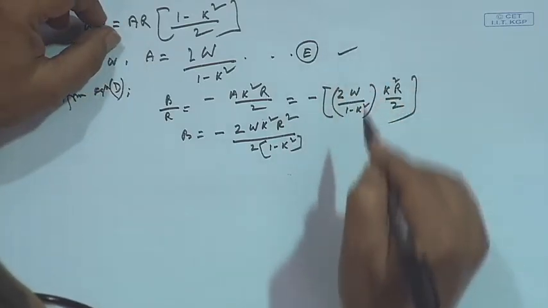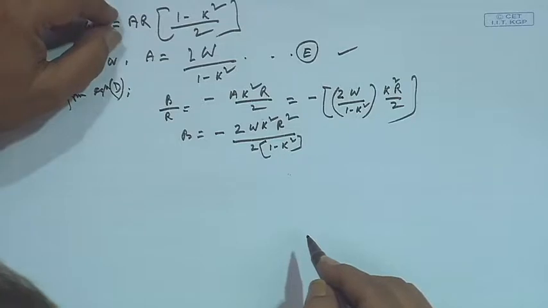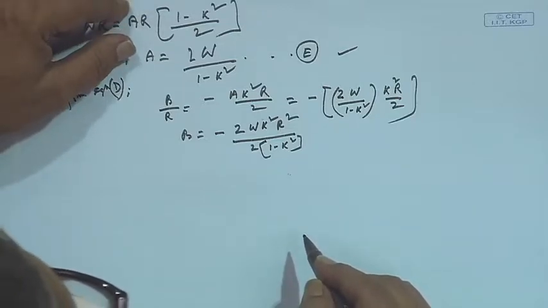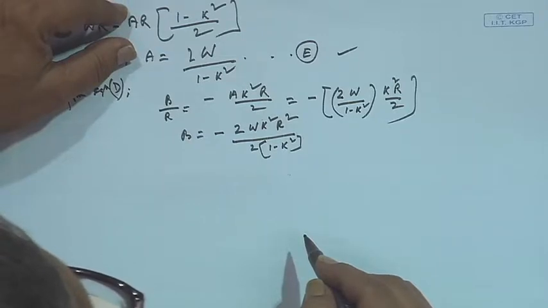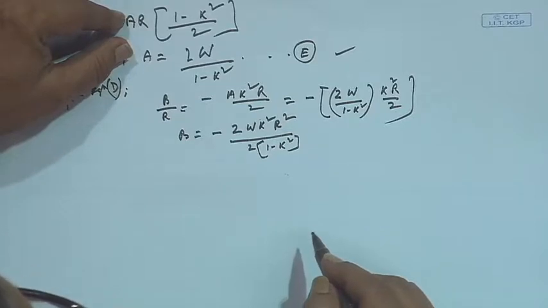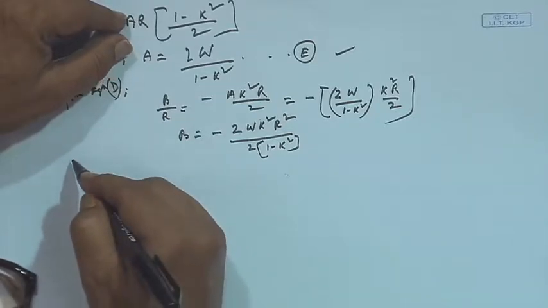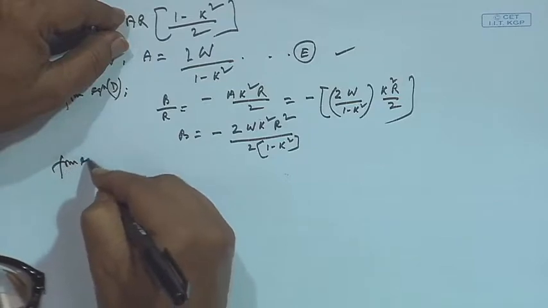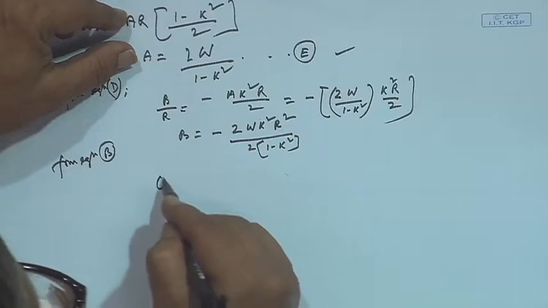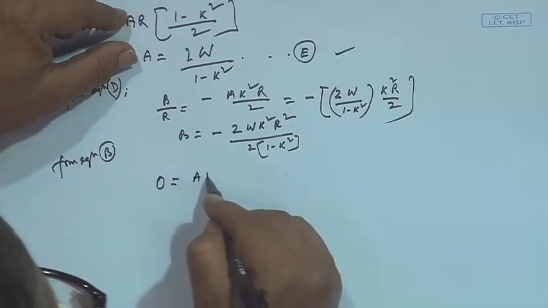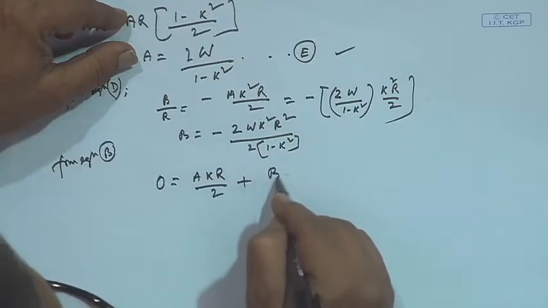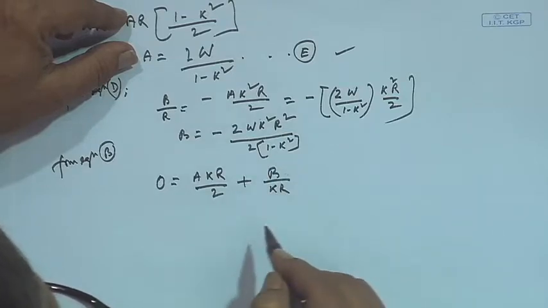So, if we substitute A and B in the original equation, either B or C, right. So, if we substitute them in B, we had 0 is equal to A k R by 2 plus B by k R, right.